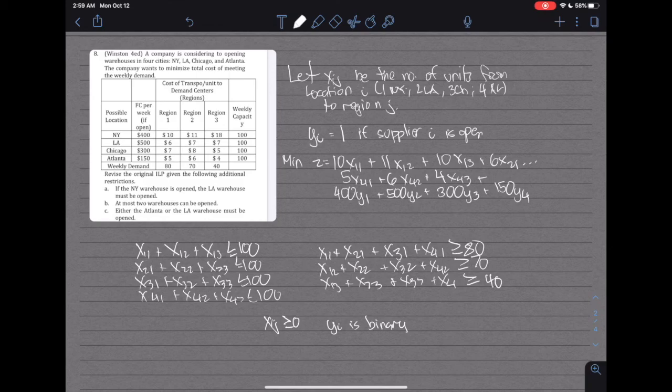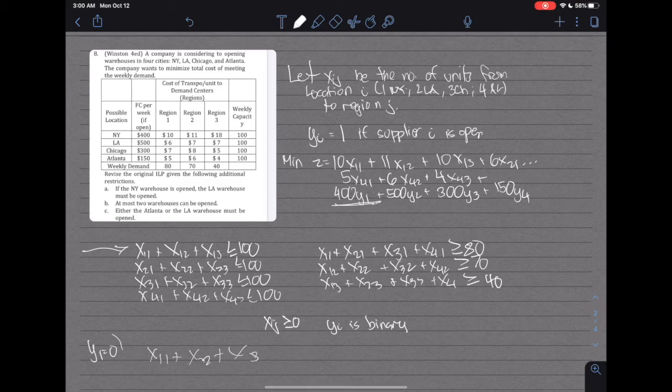However, if we retain these values, this just means that even if y1 is closed, if we keep the capacity constraint of y1 the same, it's possible that given your current combination, y1 will be equal to 0, but x11 plus x12 plus x13 will have a value.